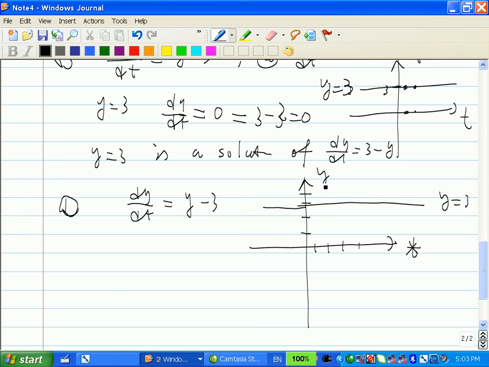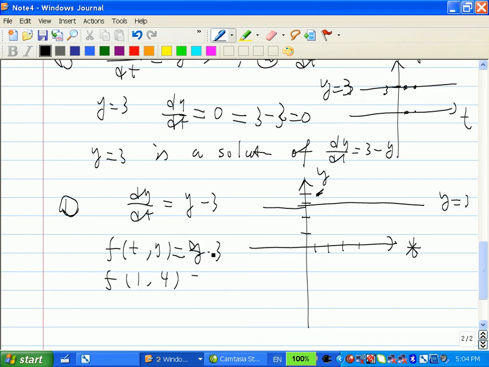When y is bigger than 3, your f(t,y) is equal to y minus 3. For example, t equal to 1, y equal to 4. At this point, you plug in and find dy/dt. y is 4, there's no t there, so 4 minus 3 gives you positive 1.